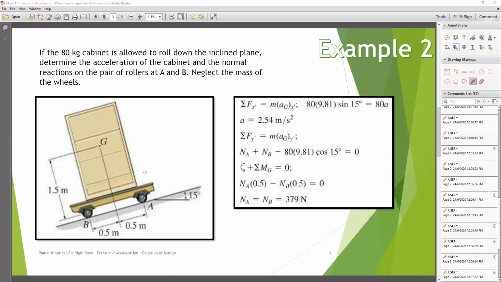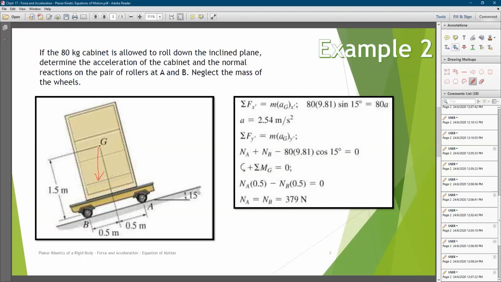However, what we have here is only the mass of the cabinet, which is going down like that. Okay, it is the weight, which is equal to mg. Now, to make our life much easier, we can draw our reference axis like that.